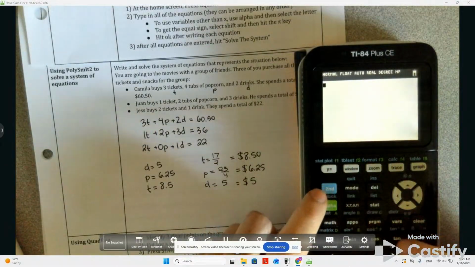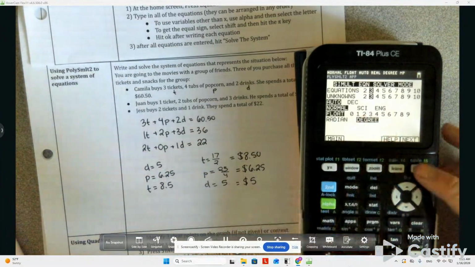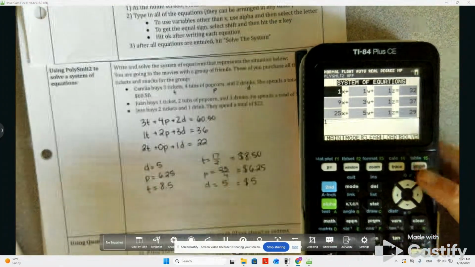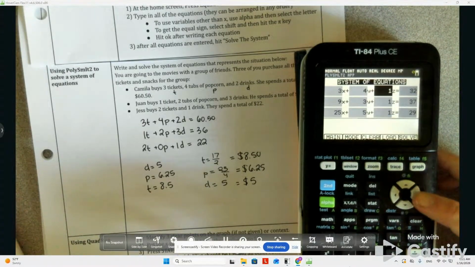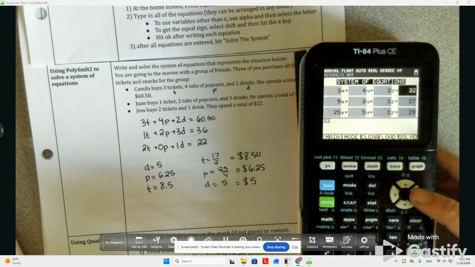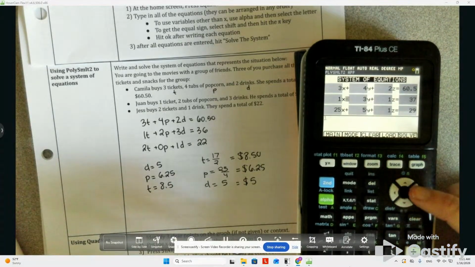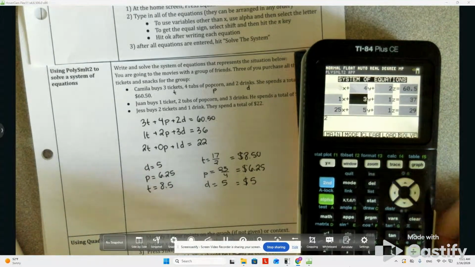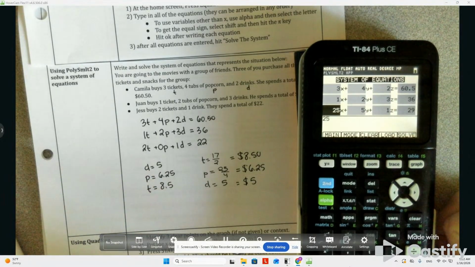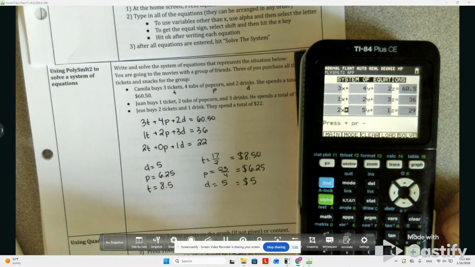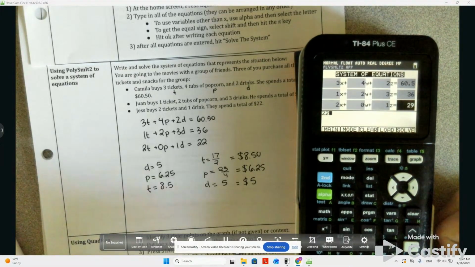It will be apps, PolySmlt, simultaneous equation solver, 3 variables, 3 unknowns, and you'll just have 3, 4, 2, 60.5, 1, 2, 3, 36, and 2, 0, and 1, 22.